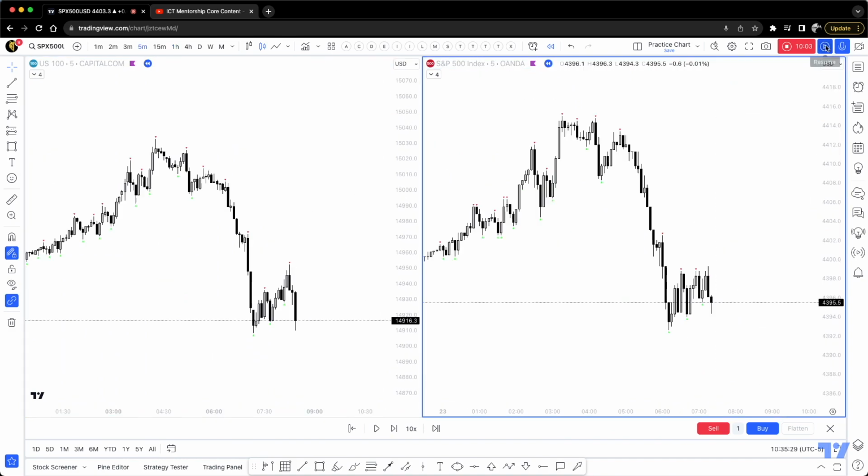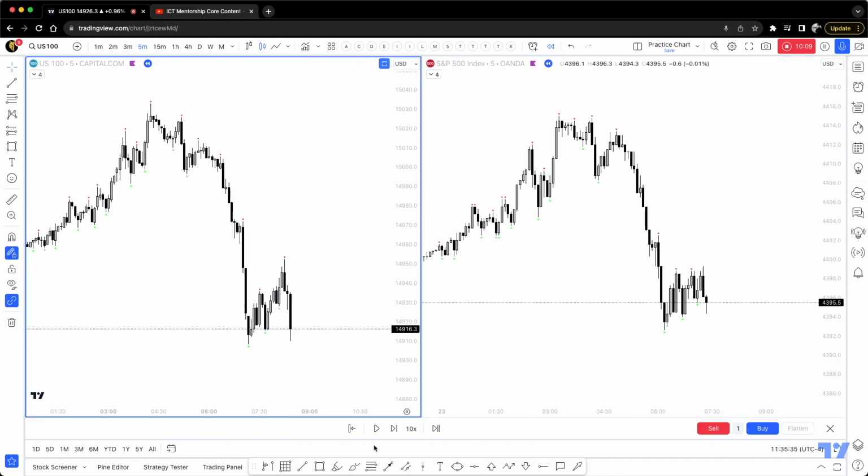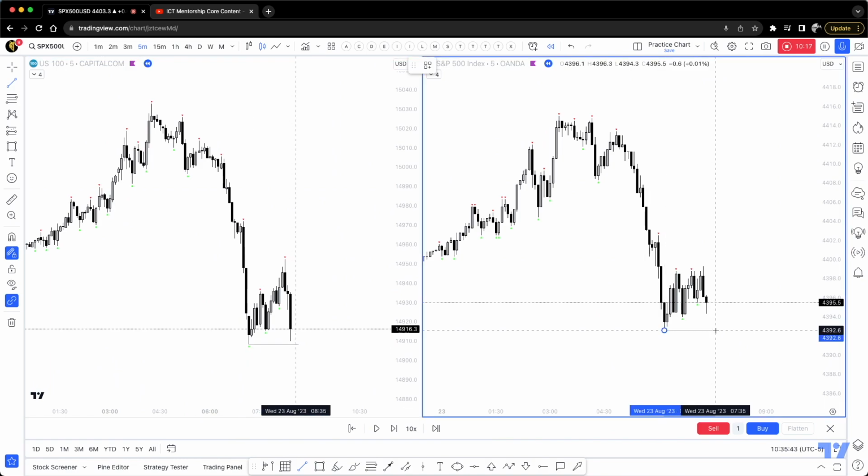All right, now that we're on the 5 minute time frame, Nasdaq and S&P 500, we see that the market has created a low right here, right? This is the last low on S&P 500 as well. So let's go ahead and play.